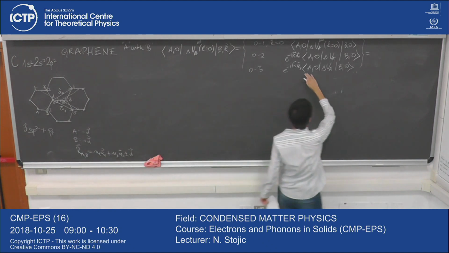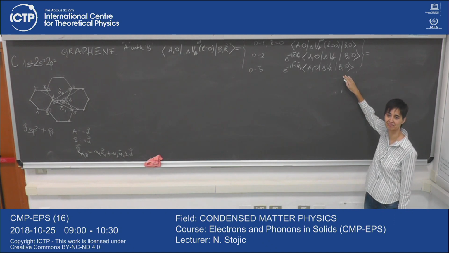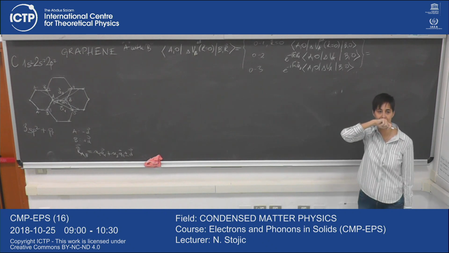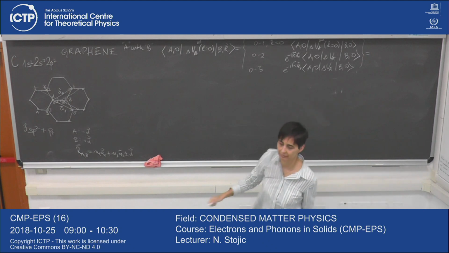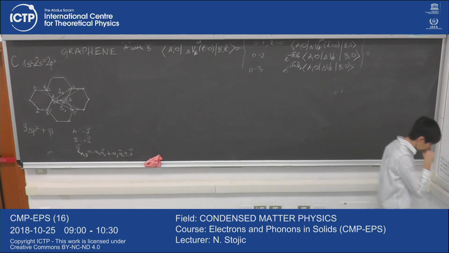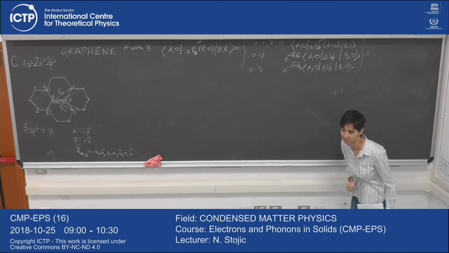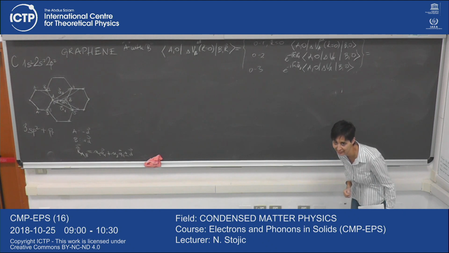So, what is this term? How do I find this? I think we should use some symmetry properties. Can we calculate this or not? What is this? Copy energy. How do I find it?